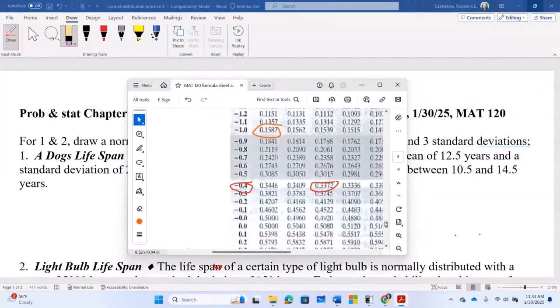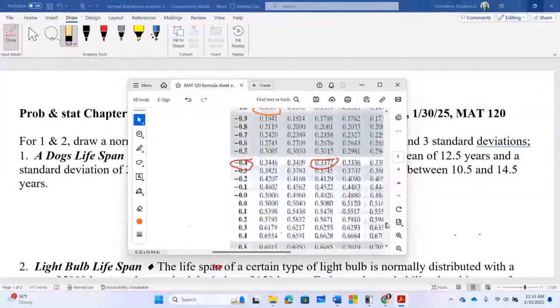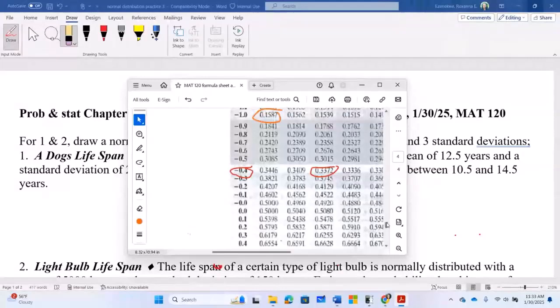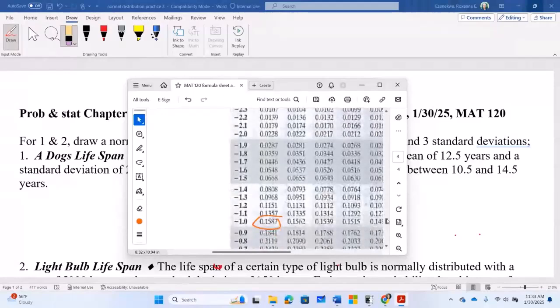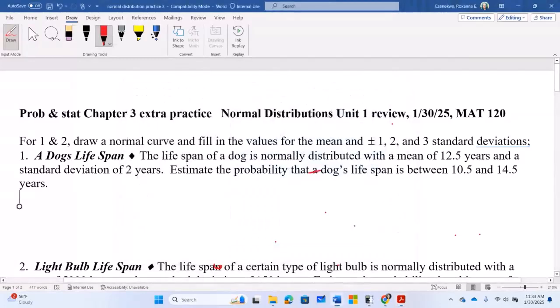So how do I find it? On the chart, I will look for Z negative 1 first. See, the Z negative 1 is 0.1587.